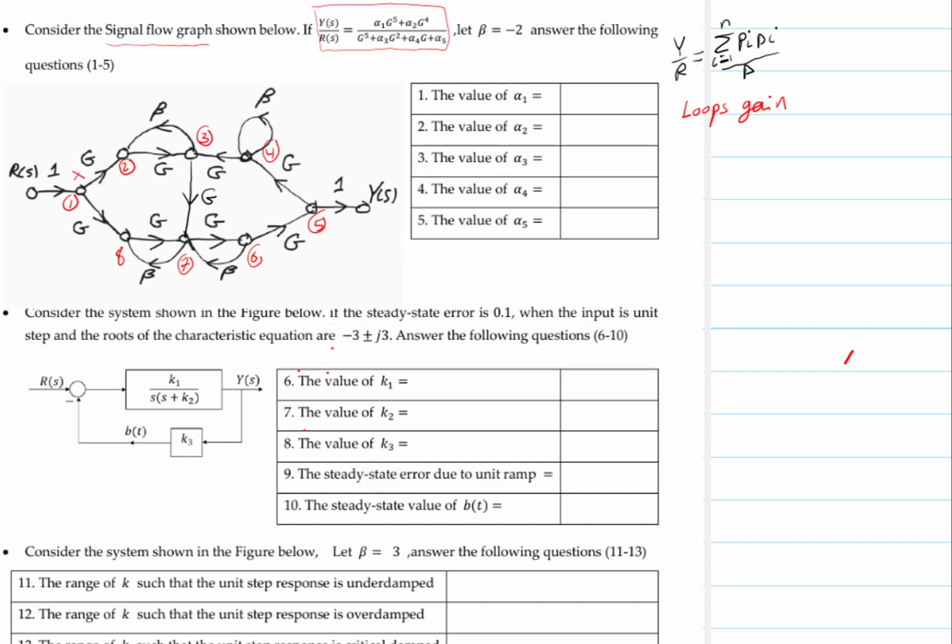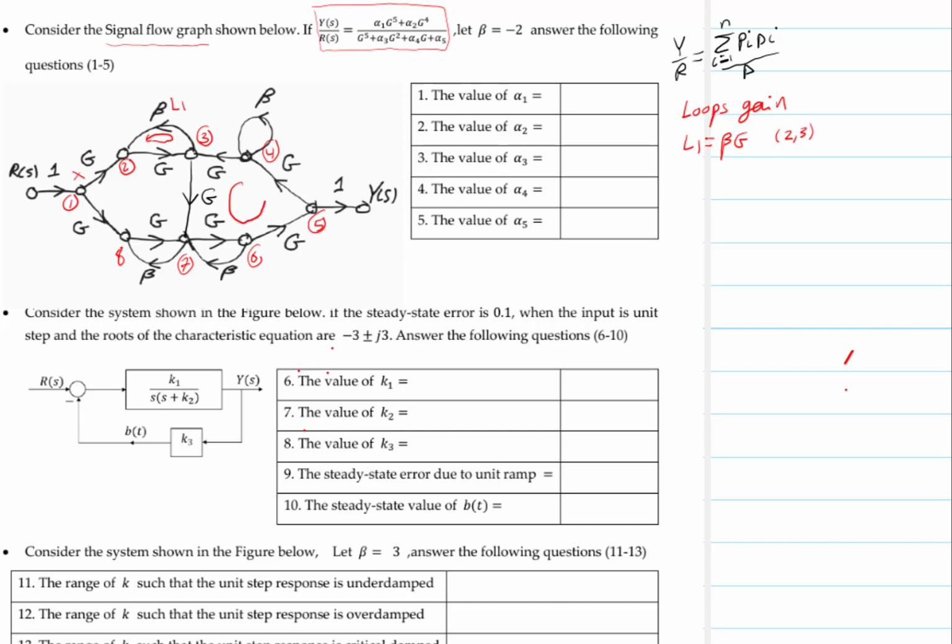Let's go to node number 2. I will have one loop. So this is L1. Now the loop gain of L1 will equal beta G, and this is for nodes 2 and 3. No more loops.